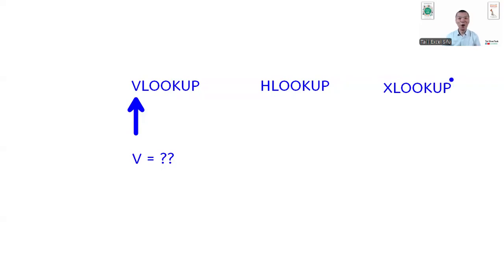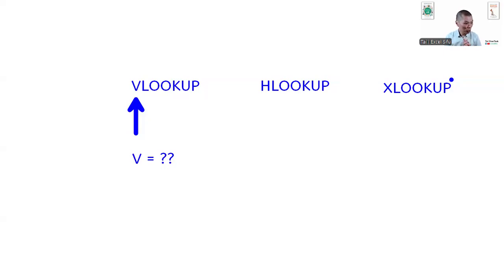So it works vertically as well as horizontally. XLOOKUP is very, very versatile, very, very flexible. HLOOKUP, useful, it depends. Usually our data is not organized horizontally. It's quite rare, very rare. Therefore, you see a lot of people use VLOOKUP.